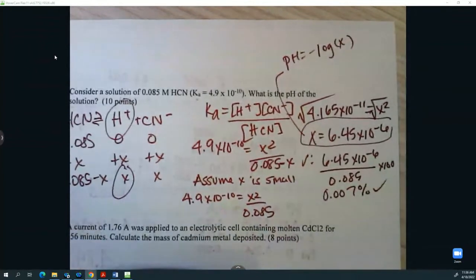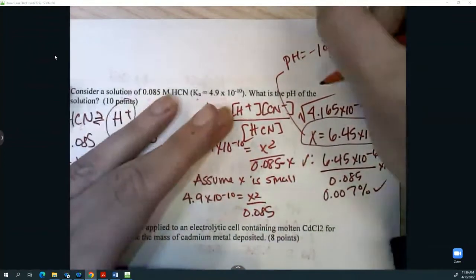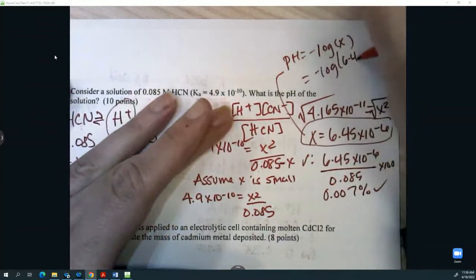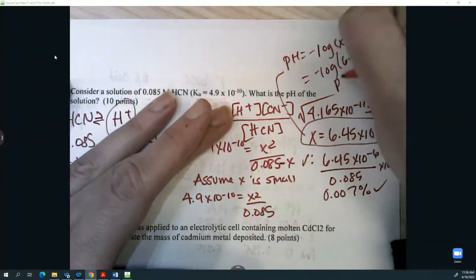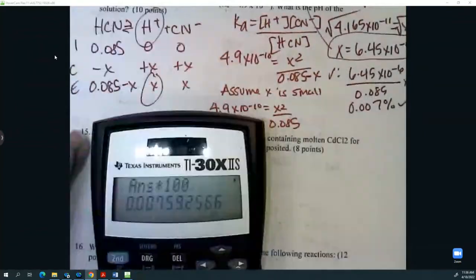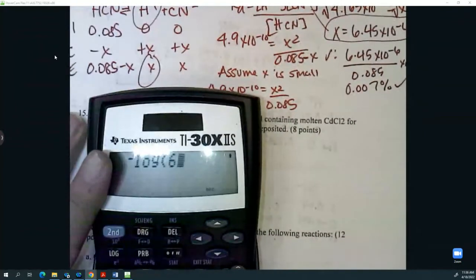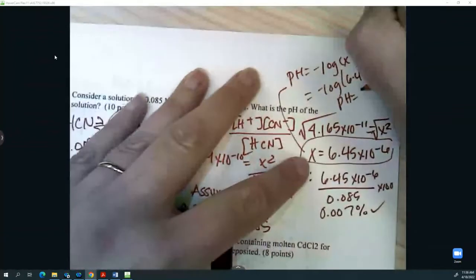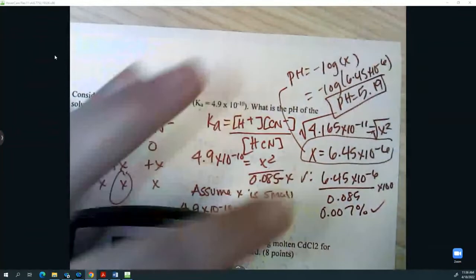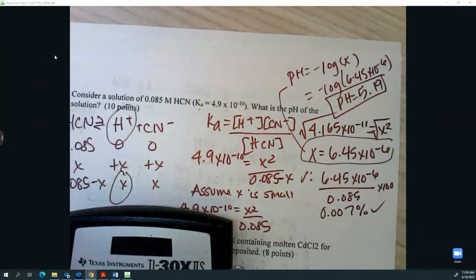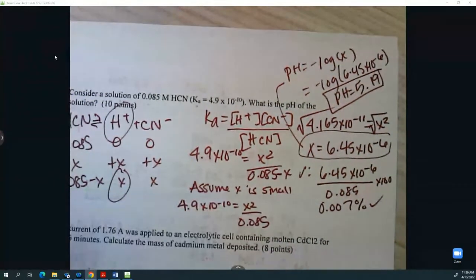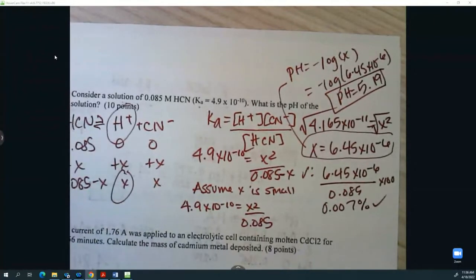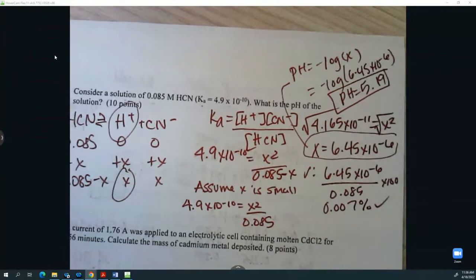Because H plus at equilibrium is X, so it's just minus the log of X. That gives 0.19. All right.